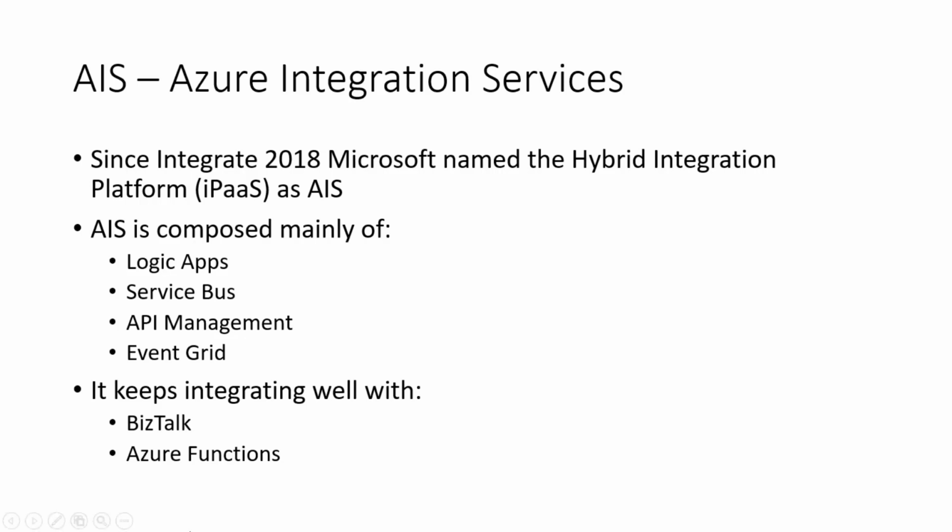And in there they spoke about the branding of the integration platform for Microsoft, called Azure Integration Services. Basically, this platform is composed of Logic Apps, Service Bus, API Management, and Event Grid. This is the core of the platform, also integrating well with BizTalk and Azure Functions.